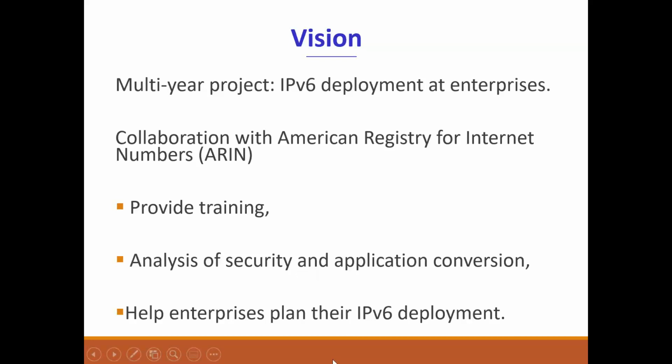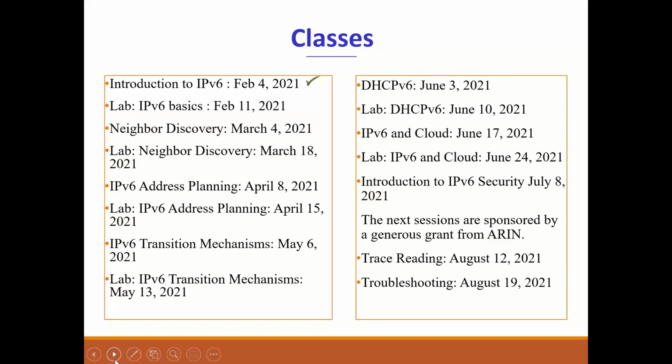And then thirdly, to help enterprises plan their deployment. As you can see, this is a multi-year effort, and we're doing parts of 1, 2 right now. We're doing a little bit of 3 with some very selected organizations. If you're interested in that, do please contact us.